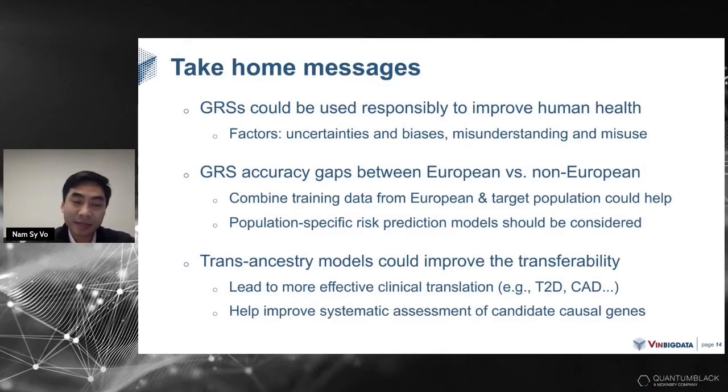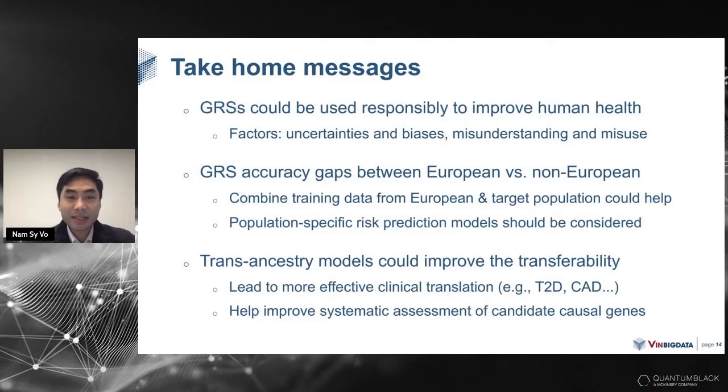So here is a very important for trans-ancestry model because, as I mentioned, the European data now dominate all others. So it takes time, even 5 years to 10 years to reduce the domination. So now the only thing we can do is doing the trans ancestry model, and we combine training data from European and the target population to improve the models.